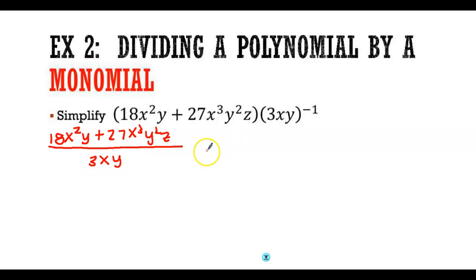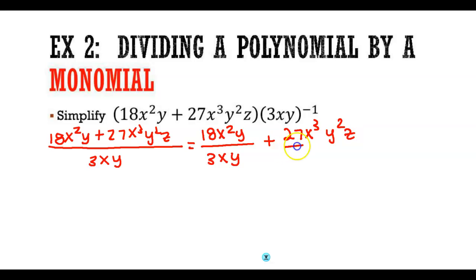3xy. So what I'm going to do is break this up into two fractions because it has two terms, because terms are separated with that addition or subtraction sign. So I'm going to have on my first one 18x squared y over 3xy plus 27x to the third y squared z over 3xy.